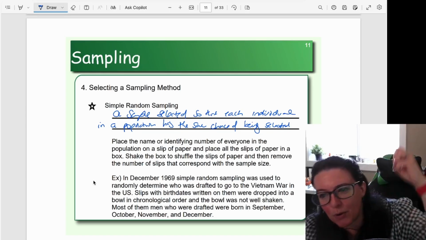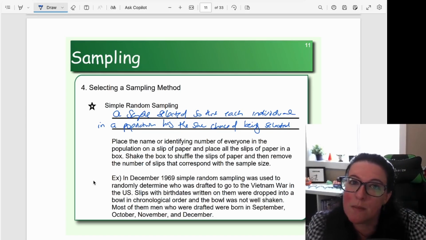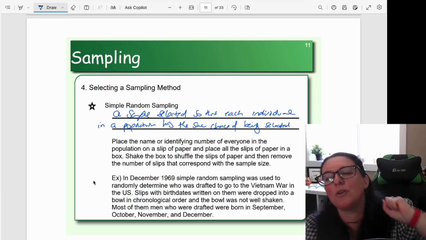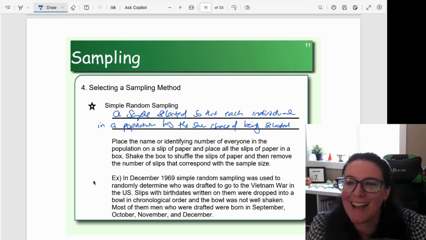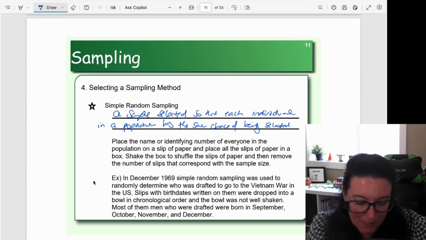So when they went to pull out who was going to be drafted for the Vietnam War, most of the men who ended up being drafted were born in September, October, November, and December, because that's what got pulled first. So it wasn't truly a simple random sample. Everyone didn't have an equal probability of being selected.